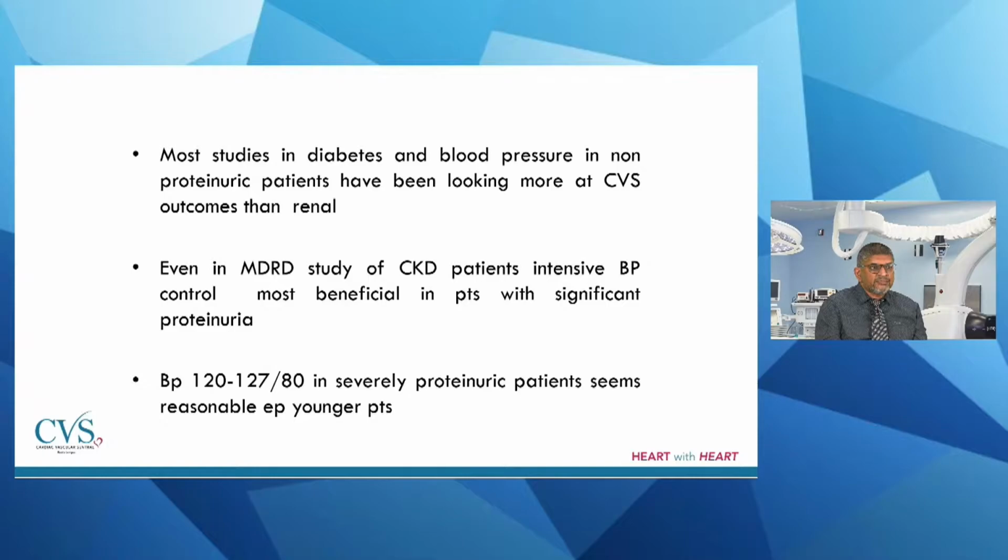So you find a lot of studies that show good cardiovascular outcomes, not as much in renal, but there are studies that suggest we should control blood pressure in this group. One of the studies that we did renal-wise was the MDRD study in chronic kidney disease. These are not all diabetic patients, but basically blood pressure control was beneficial, especially when there's a lot of proteinuria.